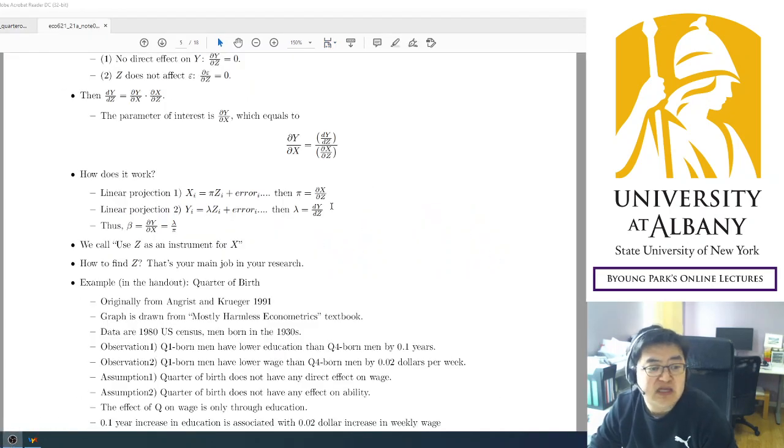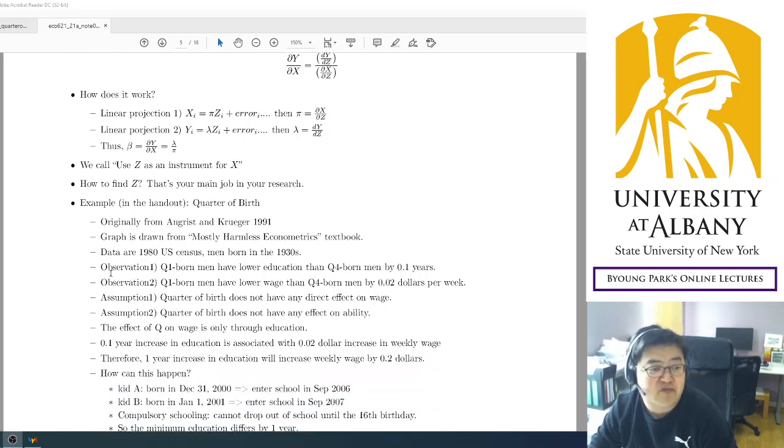So that is what we wanted from the new variable. First observation: first quarter born men have lower education than fourth quarter men by about 0.1 years. I did not calculate it exactly, just say 0.1 year lower.